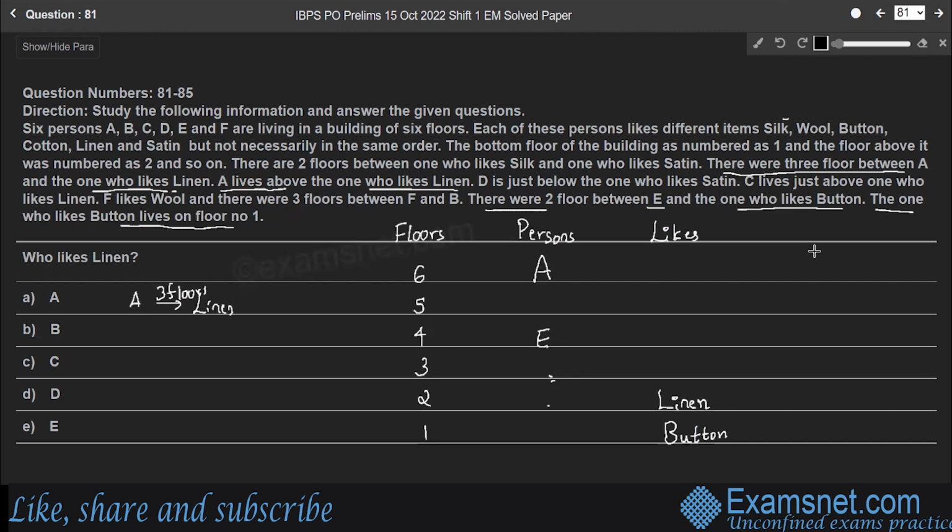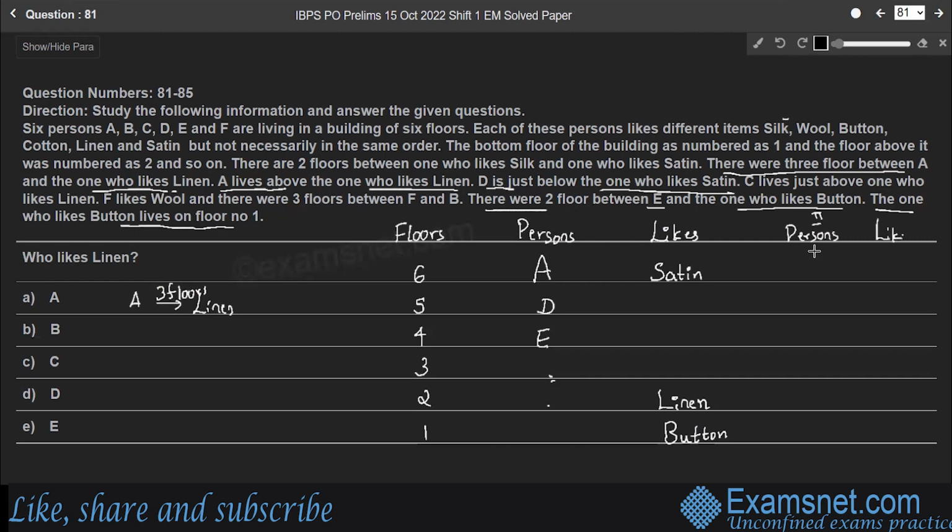Understood? Next point: D is just below the one who likes satin. So here we have 2 cases. Let us consider A likes satin in the first case. And in the second case, we again have to consider persons and their likes.